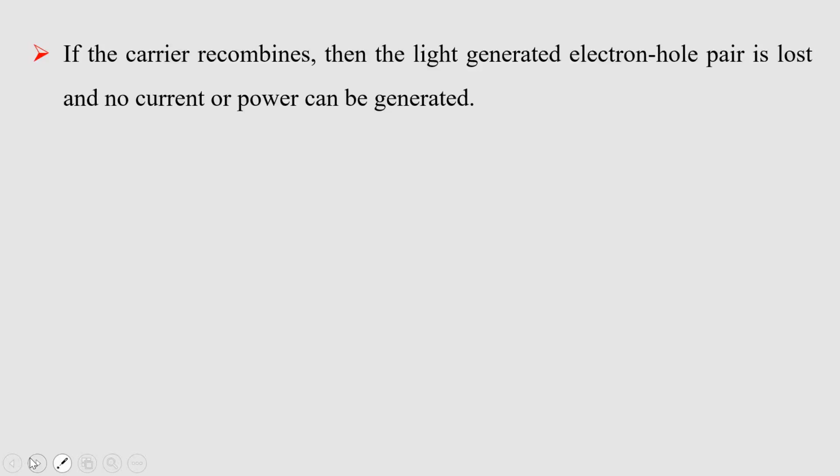Recombine means the electrons moving from the load through the rear contact and p-type material, the electron hole pairs, recombine, then the light generated electron hole pair is lost and no current or power can be generated. This is the first process of the light generated current.